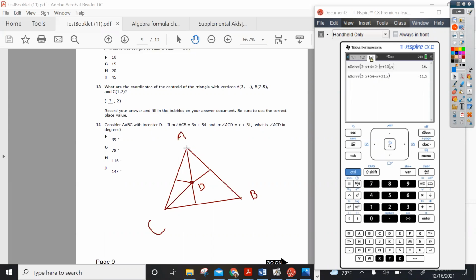Okay, let's see what it's giving me. It's giving me A, C, B. It's giving me this angle. Then it's giving me A, C, B. B is here. It's giving me this full thing. Okay, so that's what that's doing.